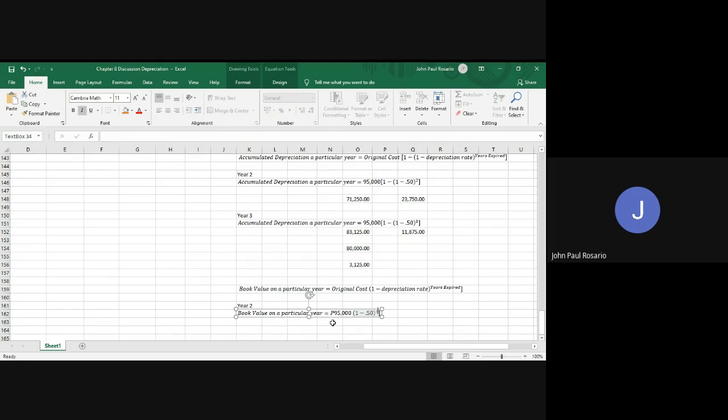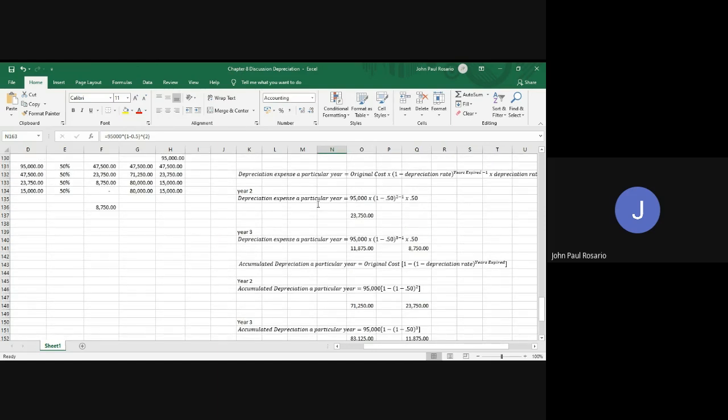So your book value should be equal to 95,000 multiplied by 1 less 0.5 raised to the power of 2. So your book value should be equal to 23,750, which is correct as shown here until year 2.